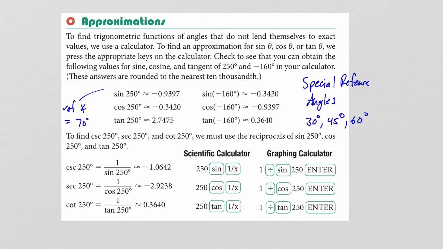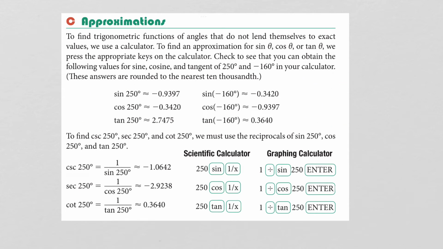So a little bit of good news here. If you don't have a special angle, in other words, if you don't have a reference angle that is special, then you simply plug it into your calculator. So to do this, you want to make sure that your calculator is in degree mode.